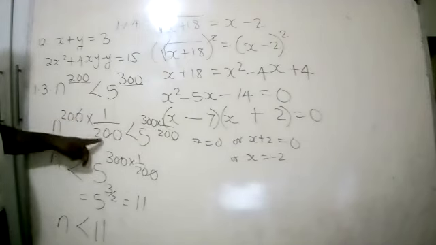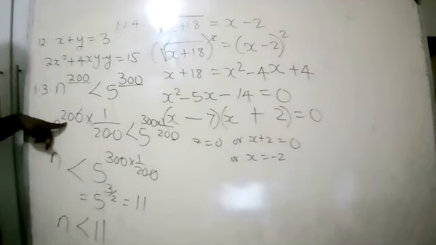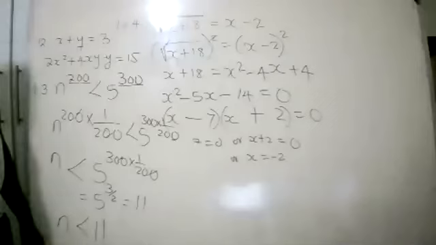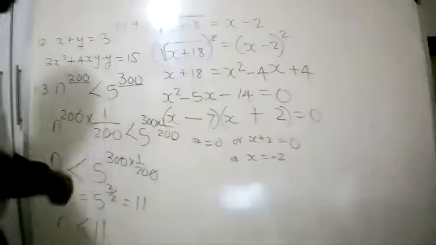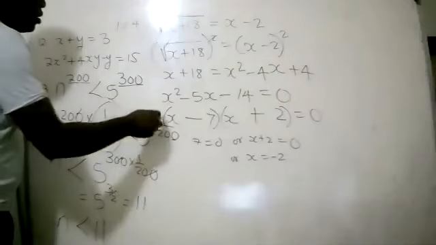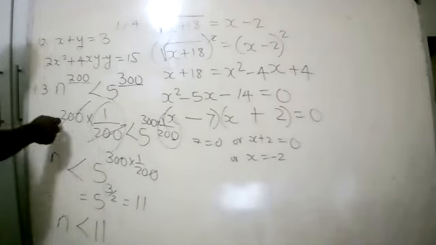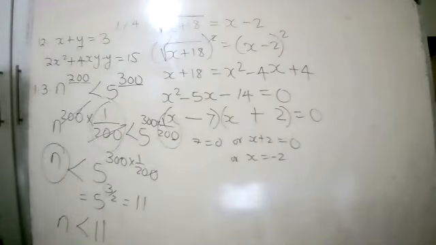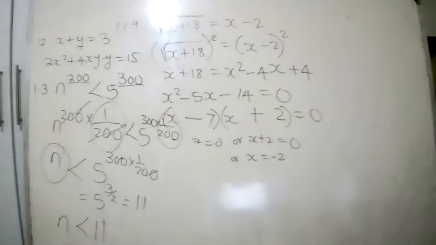If we multiply by 1 over 200, the 200 on the denominator will cancel with the 200 on the numerator. So we take advantage of this so that this 200 cancels with this 200, and we're left with n, which is what we are looking for. Okay. Yes.